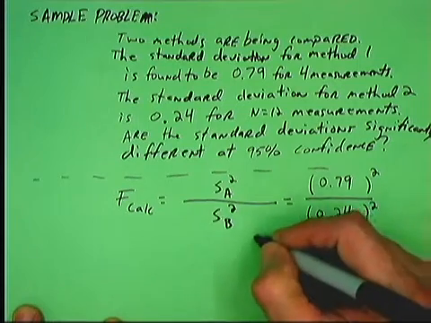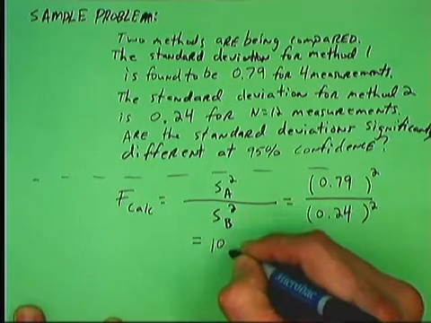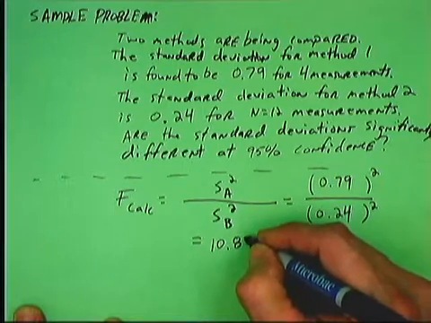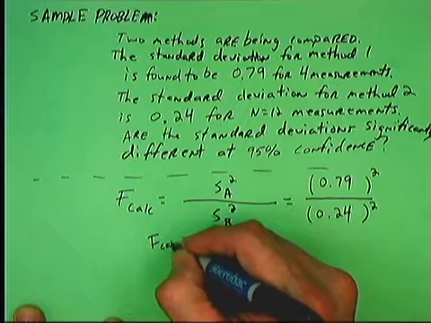We're going to square both of those and run our math and see what we get on our calculator for F. If I do the math, I got an F calculated of about 10.83.